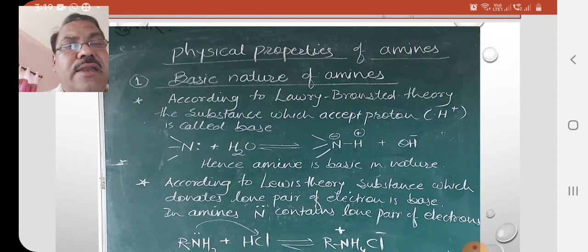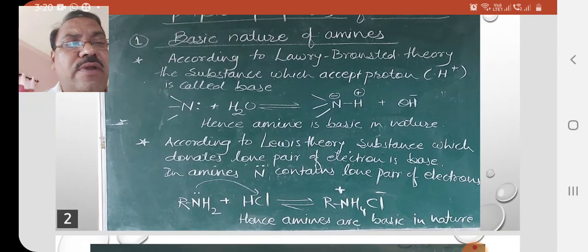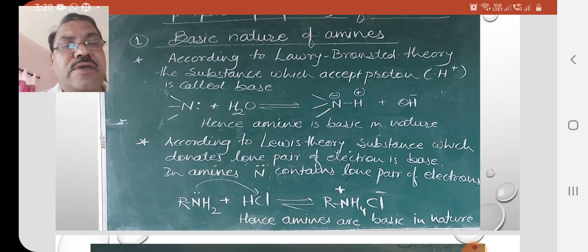Or we can explain it by using another theory, that is Lewis theory. According to Lewis theory, the substance which donates lone pair of electron is base, and the substance which accepts lone pair of electron is called acid. So in amine, nitrogen contains lone pair of electrons, which is shown by two dots on nitrogen.